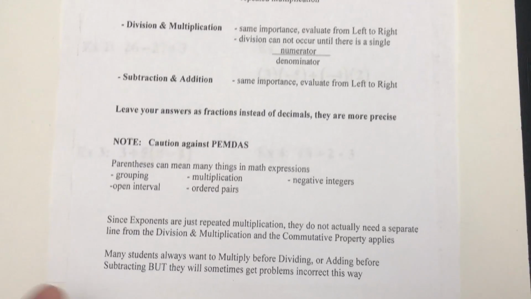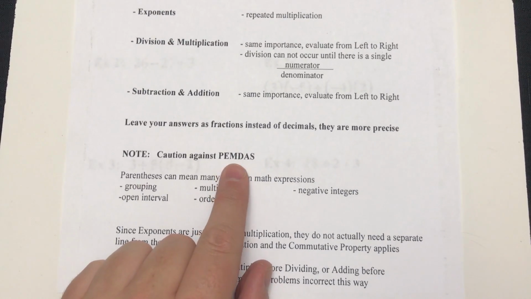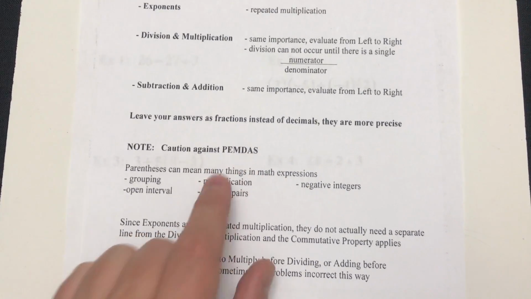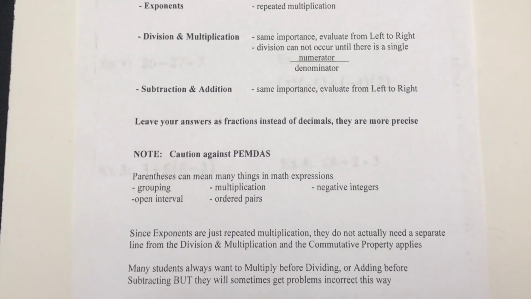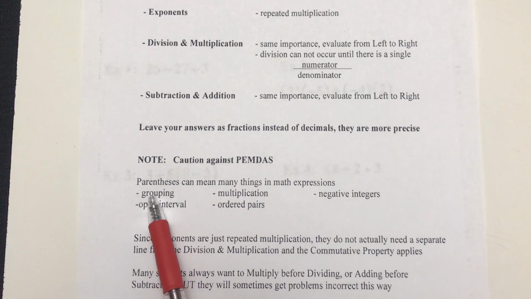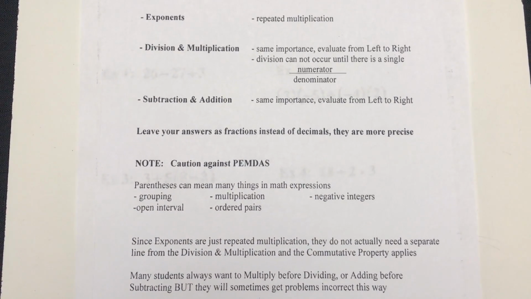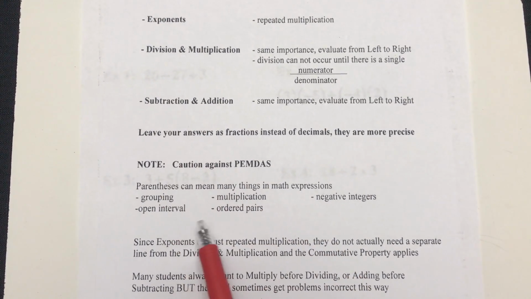Then, I have a note here with some caution against PEMDAS. Many of you may have seen this as you were learning the order of operations in elementary school. The caution I have against using PEMDAS is parentheses. They can mean many things in math expressions. They can be a grouping symbol, as we saw above.